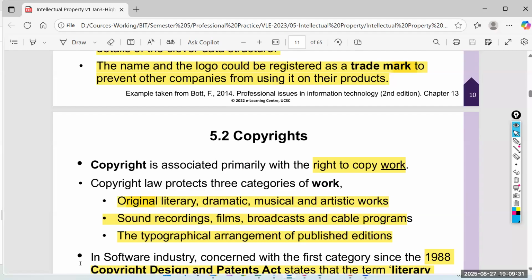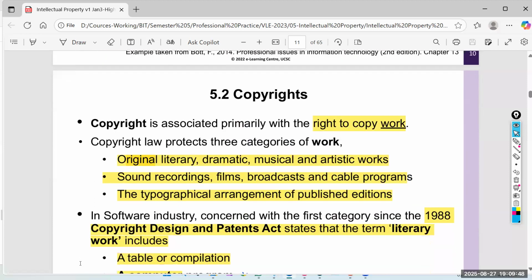Okay. So you must know what can be copyrighted, what are the rights of the copyright owner, and what are the violations, and what are the remedies. Okay. So in simple, copyright is right to copy your original work.